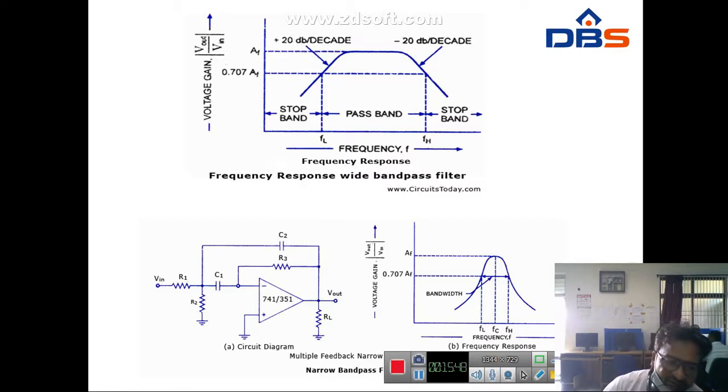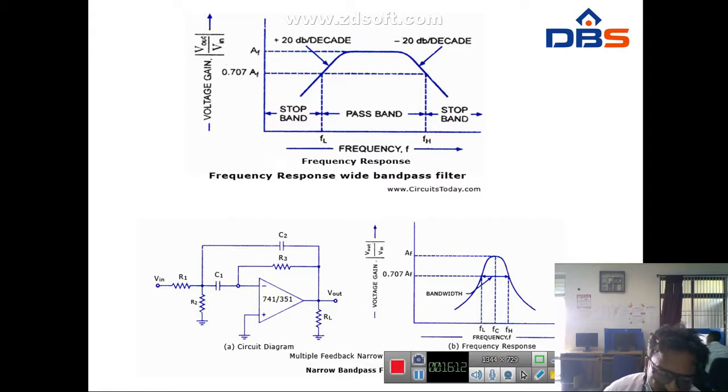If we consider C equal to 0.1 microfarad, then C1 is 0.1 and C2 is also 0.1, to simplify the design calculations. So for the narrow band pass filter, R1 is equal to Q by 2 pi Fc C into AF.